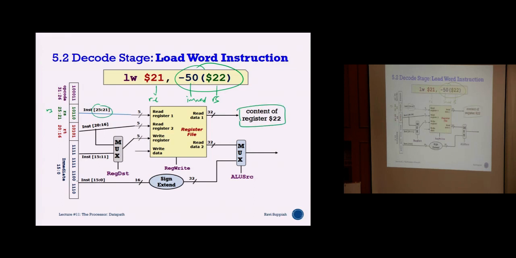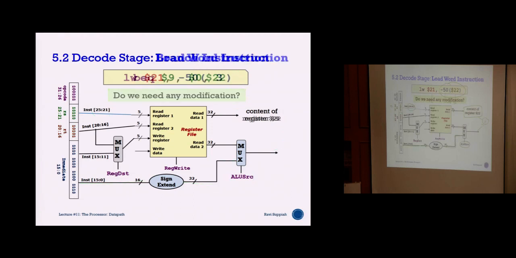And I need to add with the immediate, which is already supported here. And as long as my ALU source knows that for this style of instruction I need to select the immediate value, then this and this can go to my adder block. So it's already supported, and I do not need to modify anything. For load word, this current architecture already supports it.